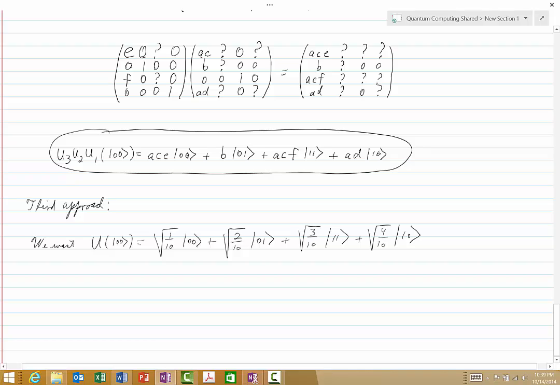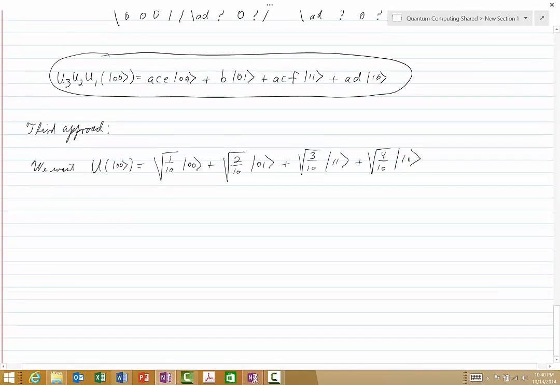That's what we want. We want to find a U that will act on the 0, 0 ket in that way. This third approach, I'm just putting it in because I think it's sort of an interesting approach. It is the one that I feel gives the most insight into this, but it's also potentially the one that is the most confusing. And so if you don't follow it, fine, no problem. But some of you might like this, and so we'll see how it goes.